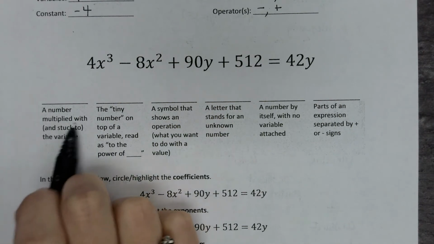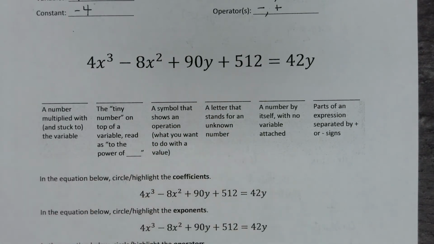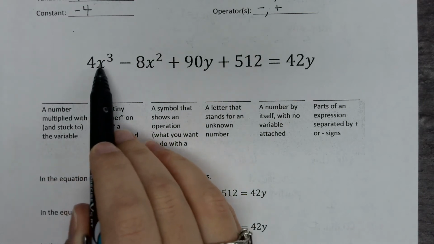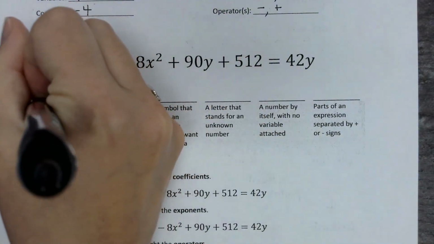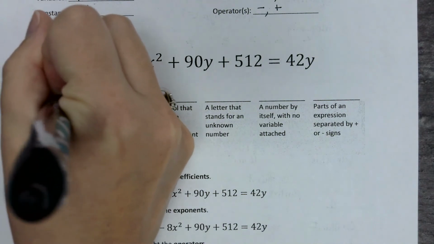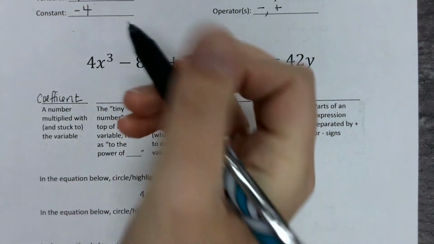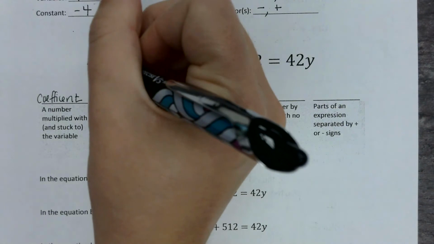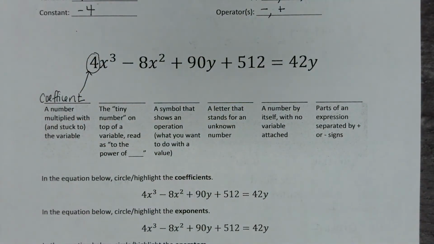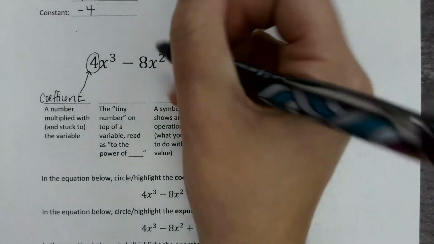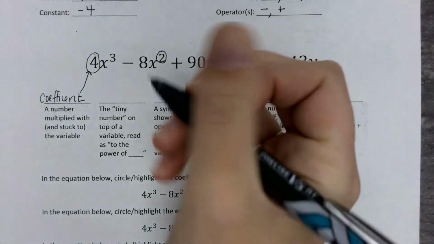So a number that's multiplied or stuck to the variable is always going to be the coefficient. So the coefficient is the number that's in the front of our variable. So an example here, my coefficient here is going to be 4. This is a number in front of my variable. Now, the tiny number on top of the variable, looking at this guy here, is called our exponent.